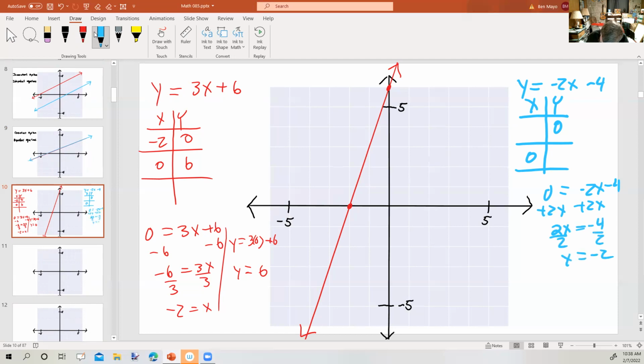Divide by 2, x equals negative 2. If x is 0, y equals negative 2 times 0 minus 4, y equals negative 4. Negative 2, 0 is right there. 0, negative 4 is right there.